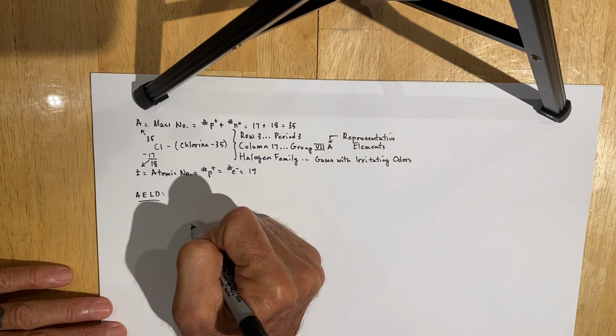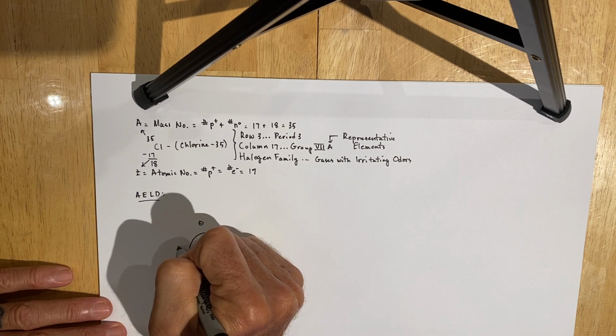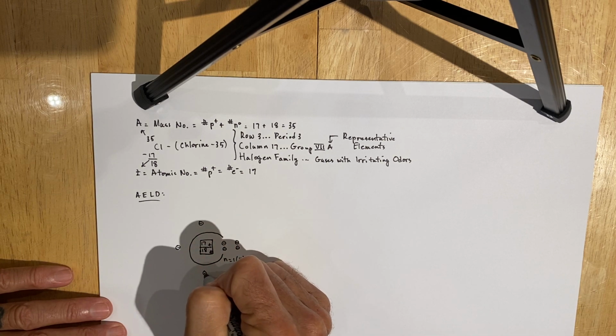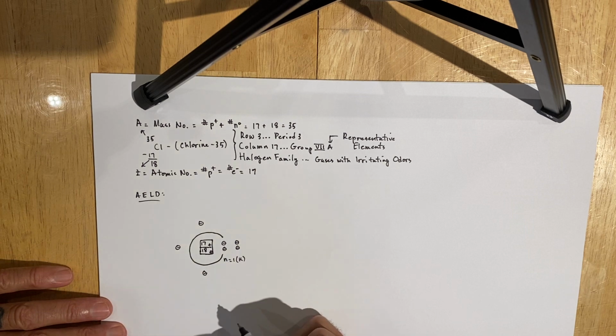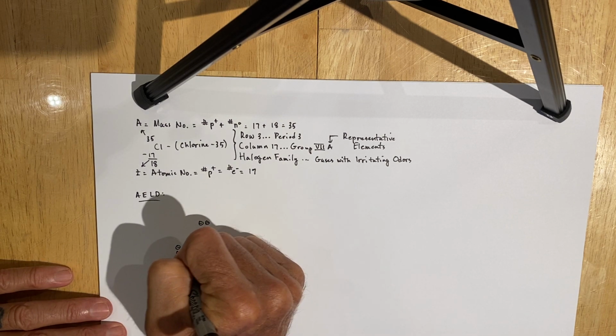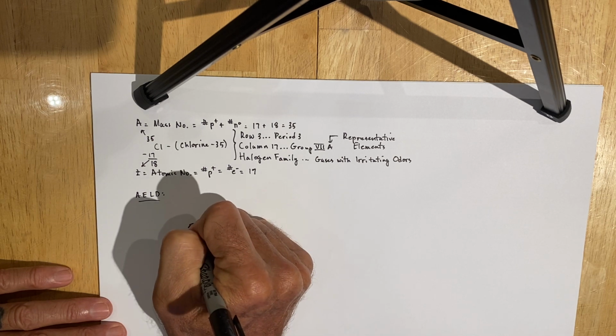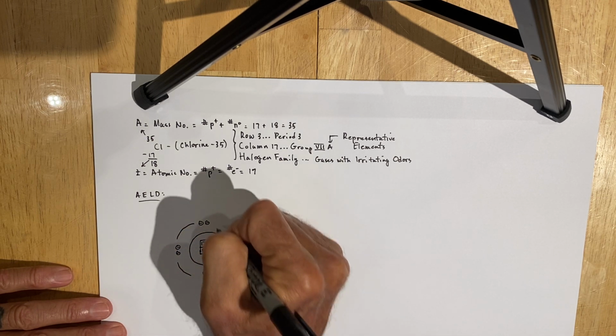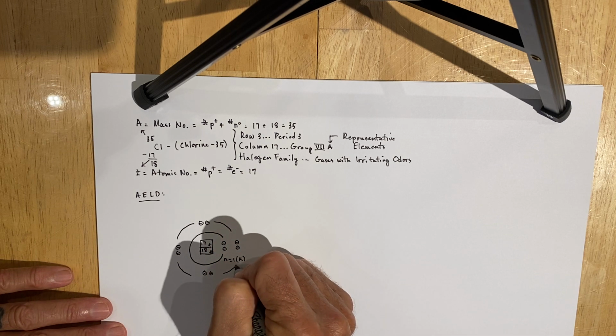Once the s sublevel is filled, you go to the next highest sublevel, which is the 2p, and by Hund's rule, we put 1 electron in each orbital of the sublevel before we pair them up. And now we have accounted for 10 of the 17 electrons.